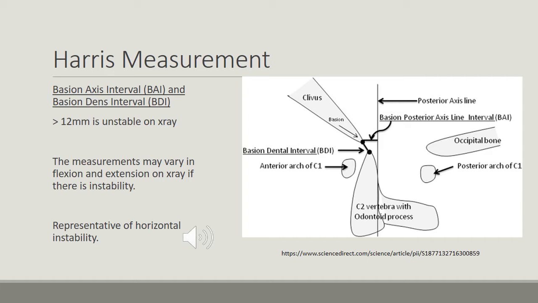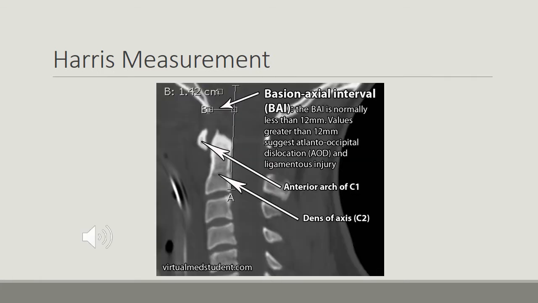All right, here we have another shot of the Harris measurement, though this time on an image. Up at the top, we have the basion-axial interval, and this BAI is normally less than 12 millimeters, meaning that values greater than 12 millimeters could suggest an atlanto-occipital dislocation, an AOD, a ligamentous injury.